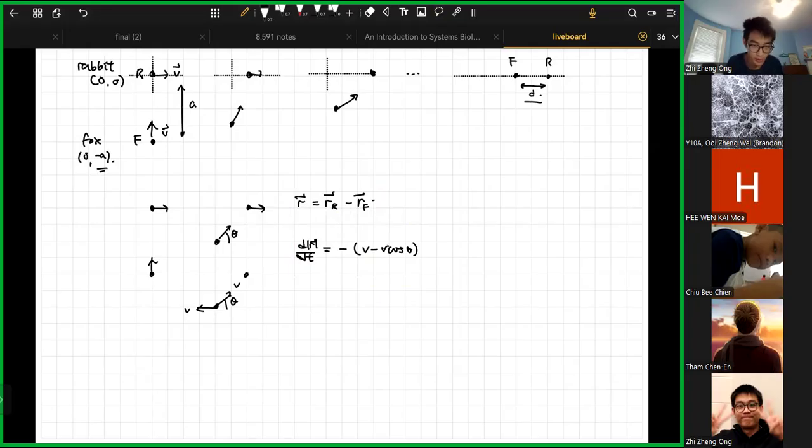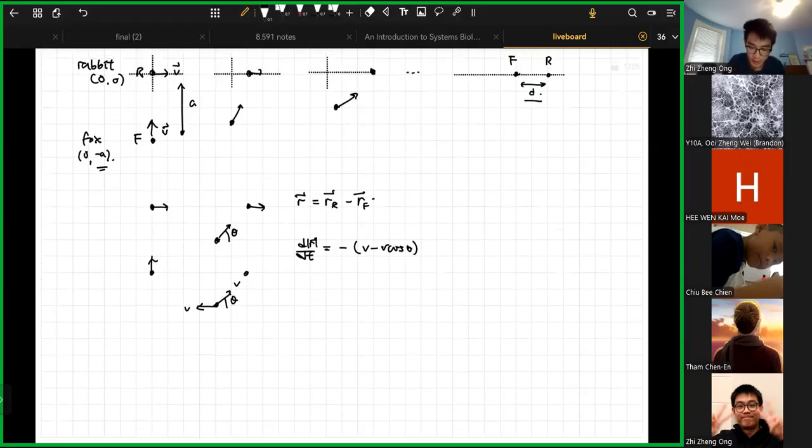Well, the fox position changes by, hmm, it's v minus v cosine theta. Yeah, sorry. Wait, is it really?